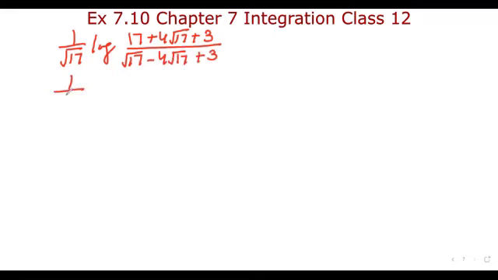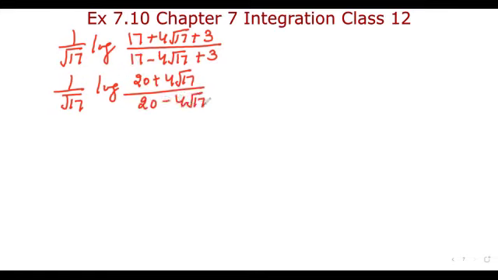Now this will be 1 upon root 17 log of 20 plus 4 root 17 upon 20 minus 4 root 17. So we can rationalize it to have our answer. Here I can see 4 is common, so I take 4 common from both. This will be 5 plus root 17 and this will be 5 minus root 17.